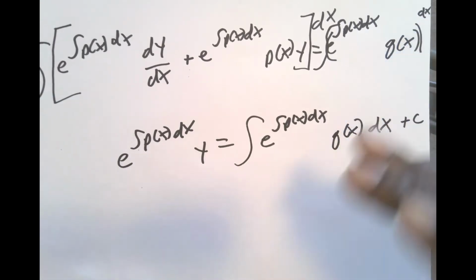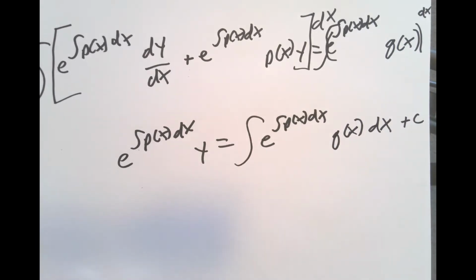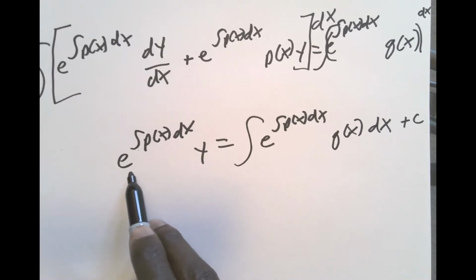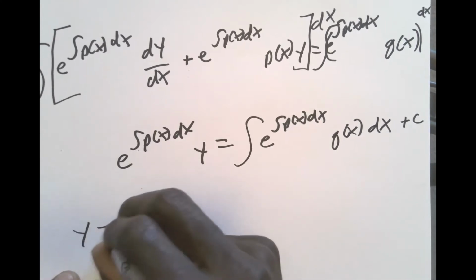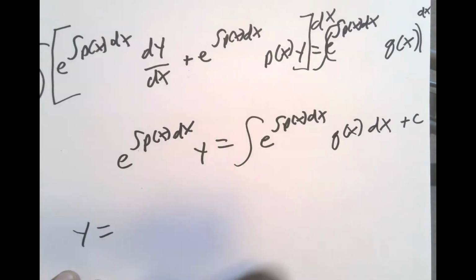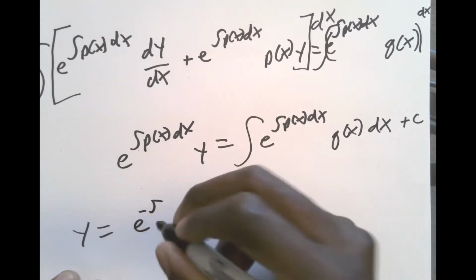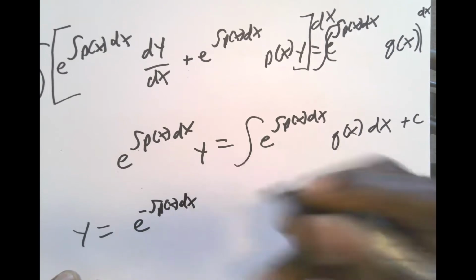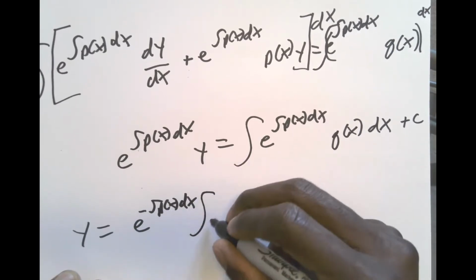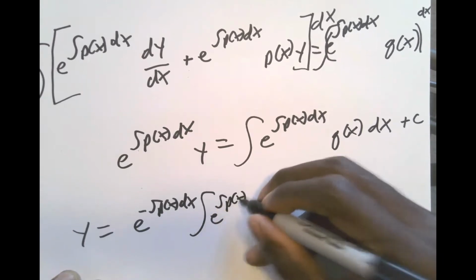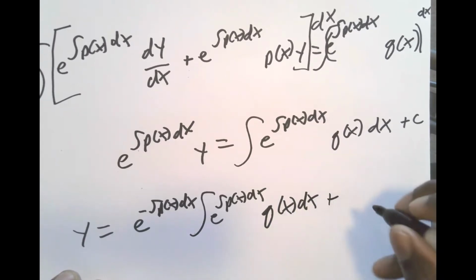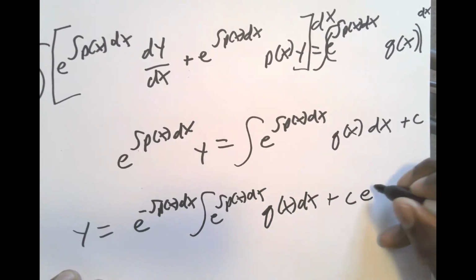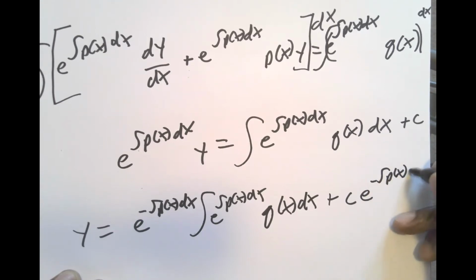And now remember, our objective in solving these differential equations is simply to solve for y. So to solve for y, all I have to do is divide by this, or you can say multiply by e to the power of negative integral p(x) dx, which means y would be e to the power of negative integral p(x) dx times the integral of e to the integral of p(x) dx times q of x dx plus c times e to the negative integral of p(x) dx.